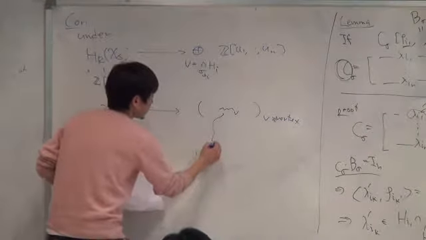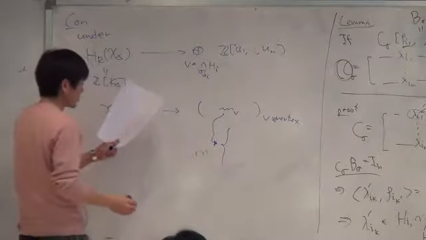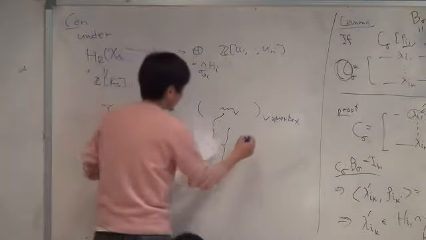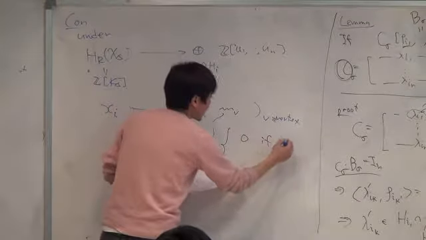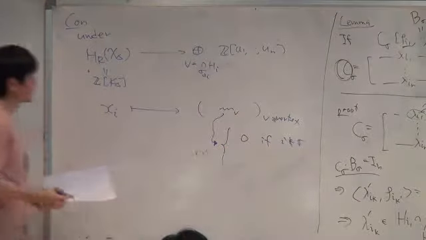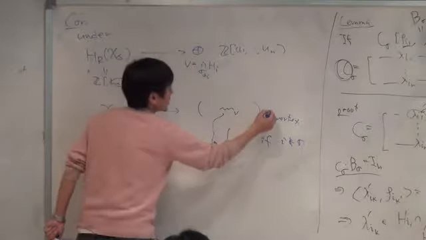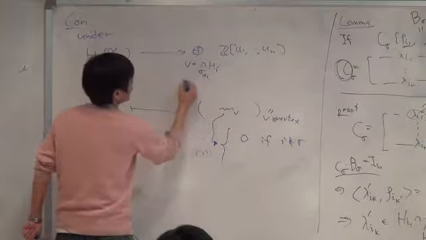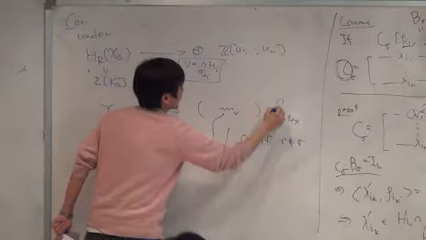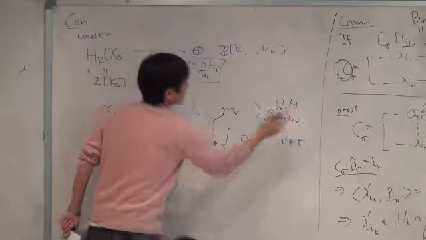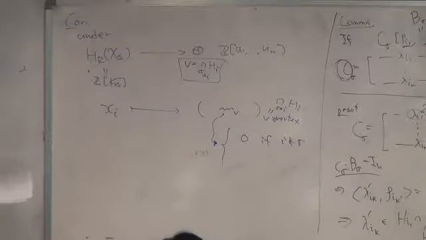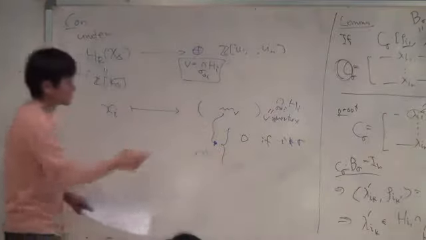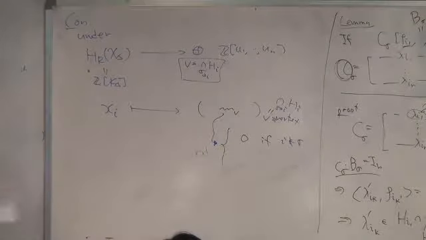So this thing is going to be 0 if I is not in sigma. Right? So this v is the intersection of hyperplanes indexed by sigma. So if I is not in sigma, it's going to be 0. Yeah?